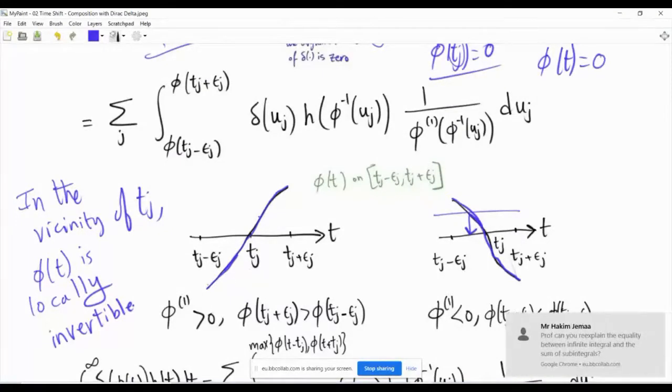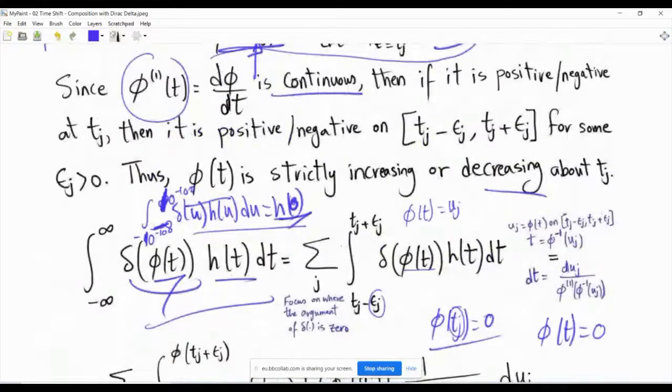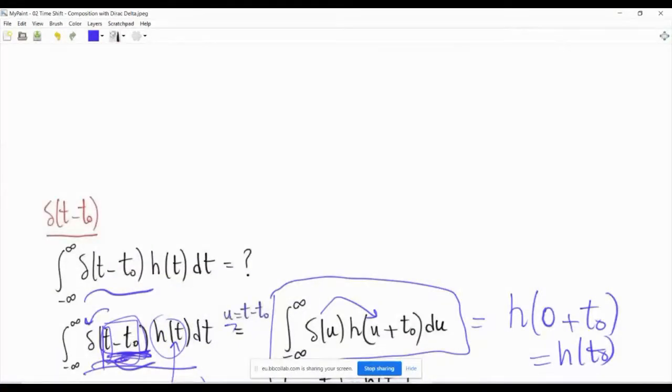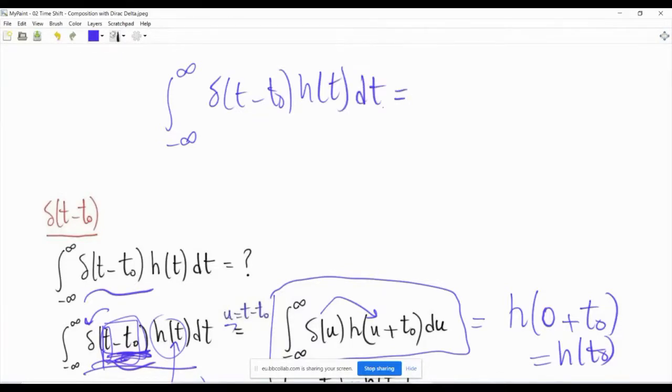This is inspired by what I did on the previous page. If you have a Dirac delta, what if you take the integral not from minus infinity to infinity? So this is h of t0.